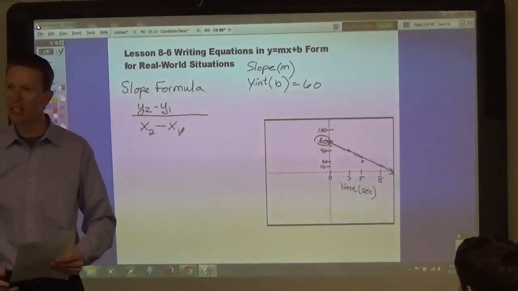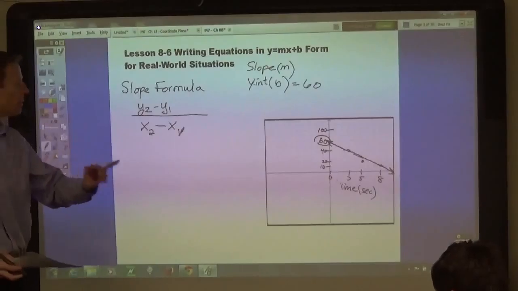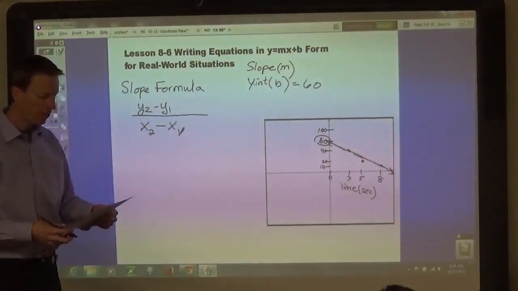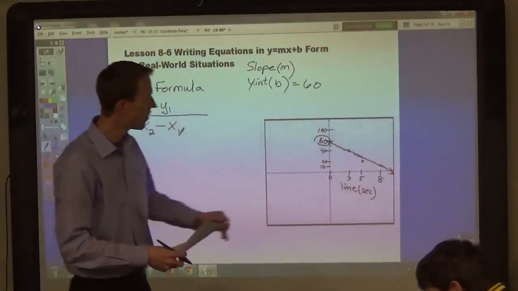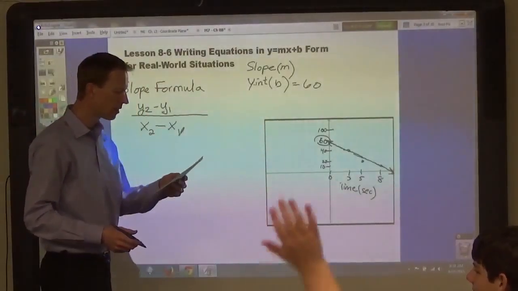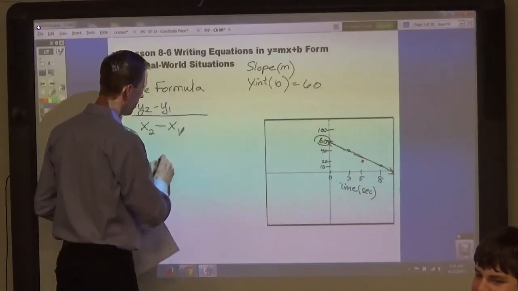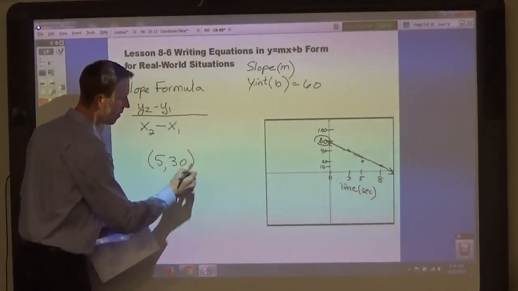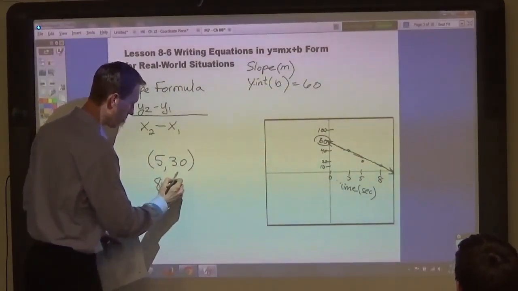So we're going to use this equation that we learned, and we're going to use 2 points and find M, find the slope. They give us the 2 points to use because it's the 2 points that the line goes through. We're going to use 5 comma 30, and 8 comma 12.